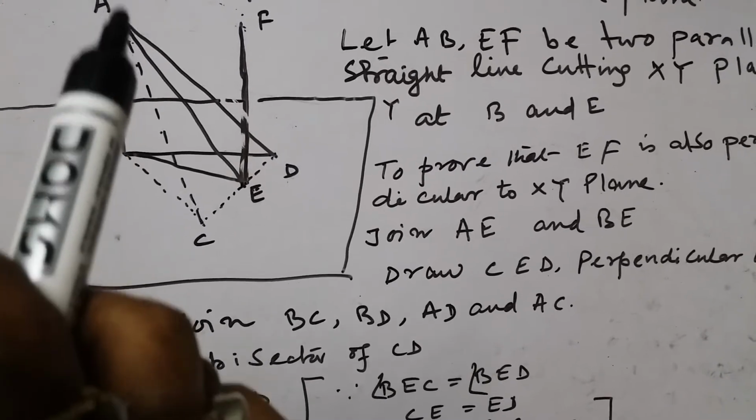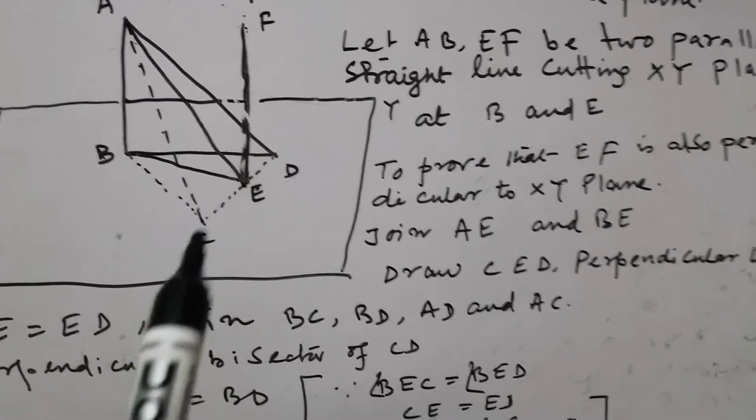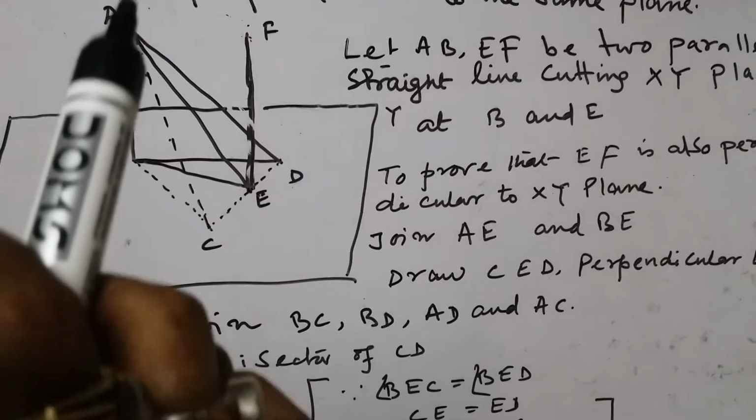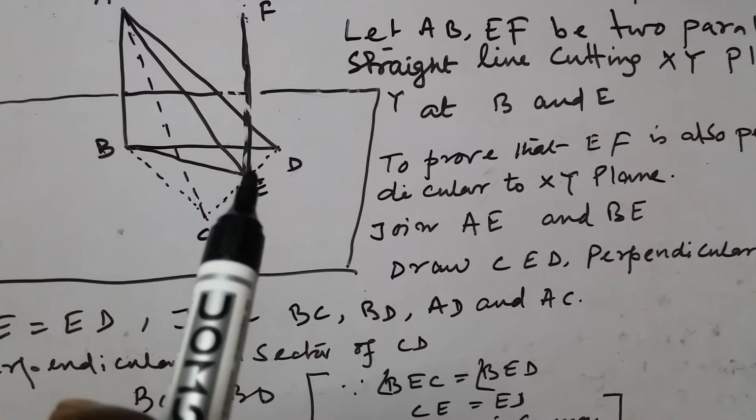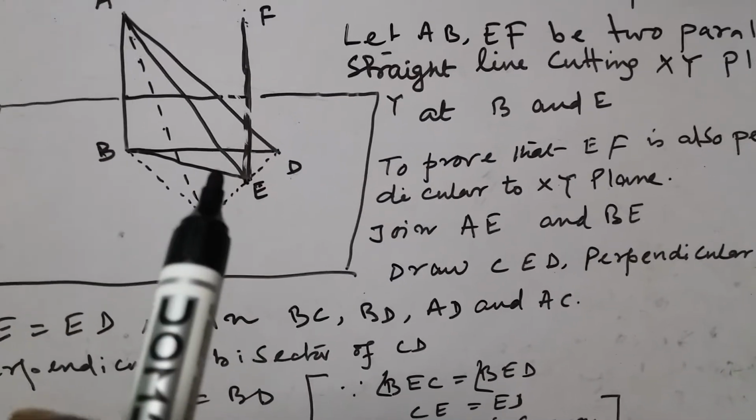Since CD is also perpendicular to EF, and AB is 90 degrees, that's why angle FEB is also 90 degrees.